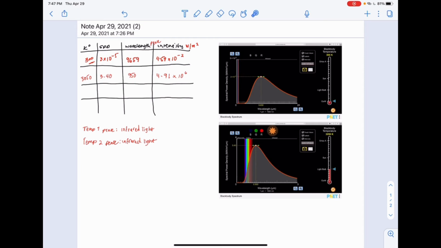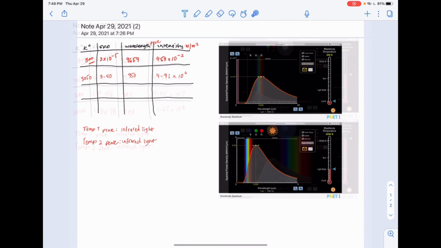So looking at that here, we can see some of it absorbing the lights, but the peak is still in the infrared. But if we were looking at a star with this temperature, we would kind of see it as more red and yellow, since that's mostly what it's absorbing, but it is still in the infrared spectrum.